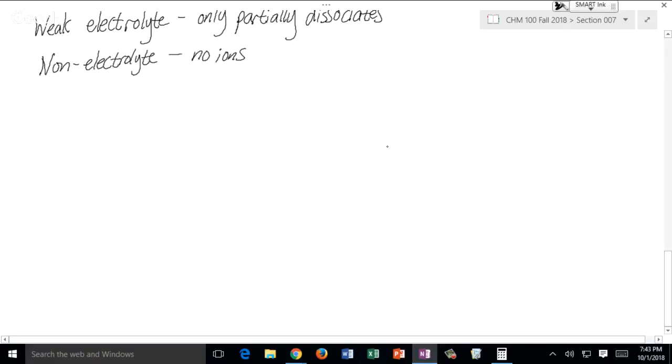Okay, let's talk about some definitions of solutions, and then we can talk about concentration. So, a solution is really just another word for a homogeneous mixture, a mixture of two things where they have so completely mixed that you can't tell any phases apart.